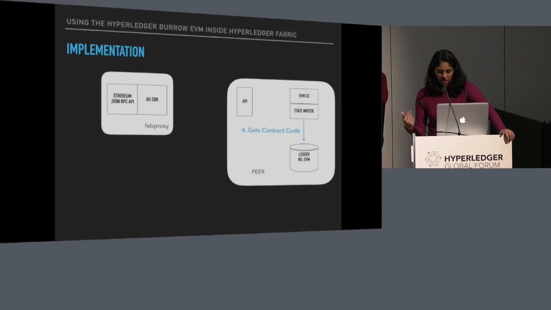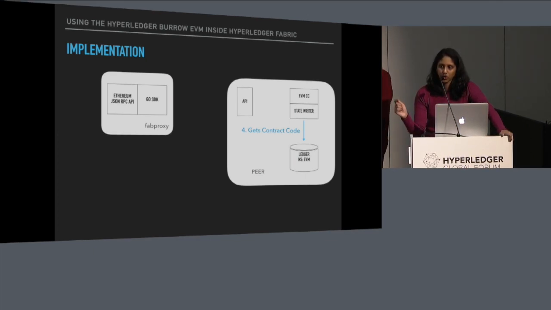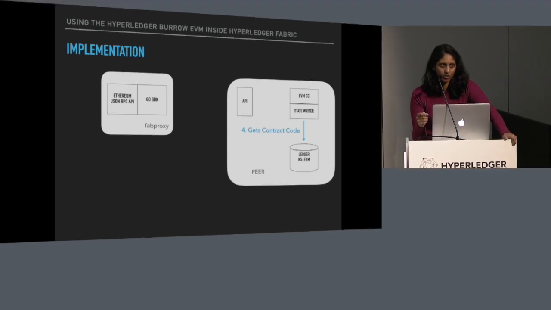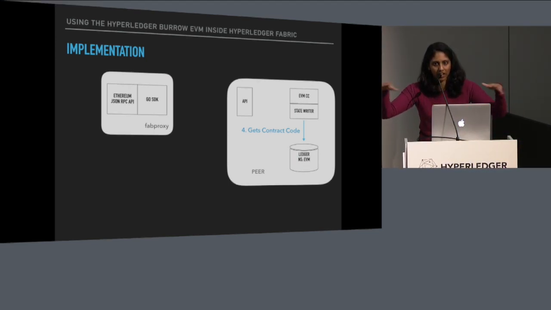And then the state writer will usually get the contract code, which is different from how Fabric does things. In Fabric, you have to install the chaincode on all the nodes. If you have many different organizations, all the admins have to do it simultaneously, and then you do an instantiate, which is a transaction. And the contract code, when you do it in Fabric, stays in the peer file system.